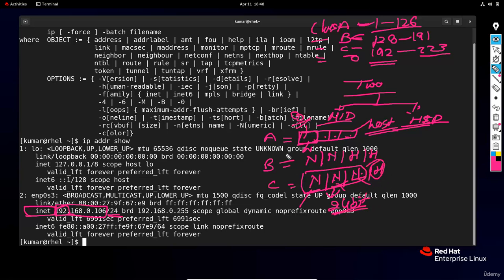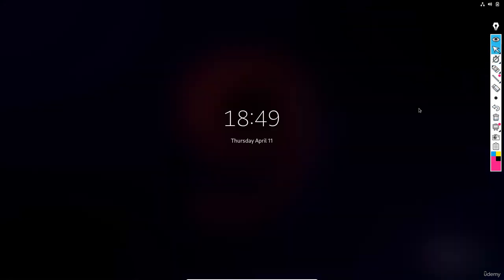In class B, it will be /16. In class A, it will be /8. And there is also a classless IP address, but we are not going to discuss that here. Okay.